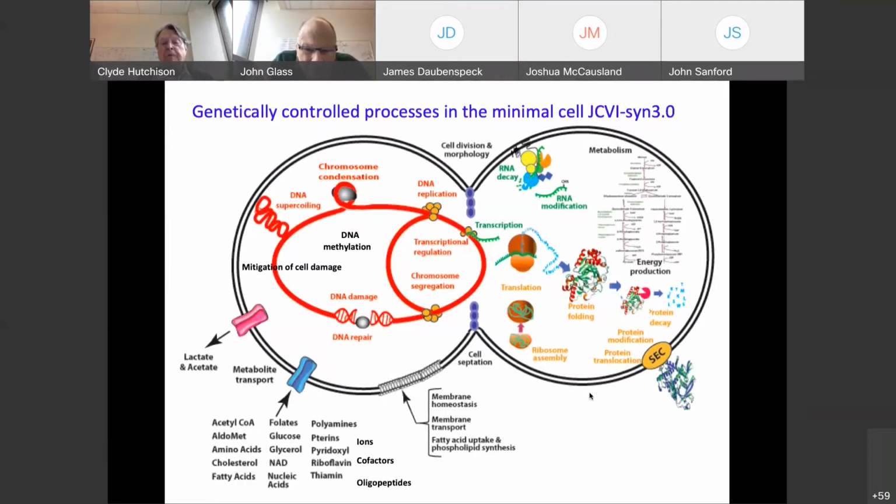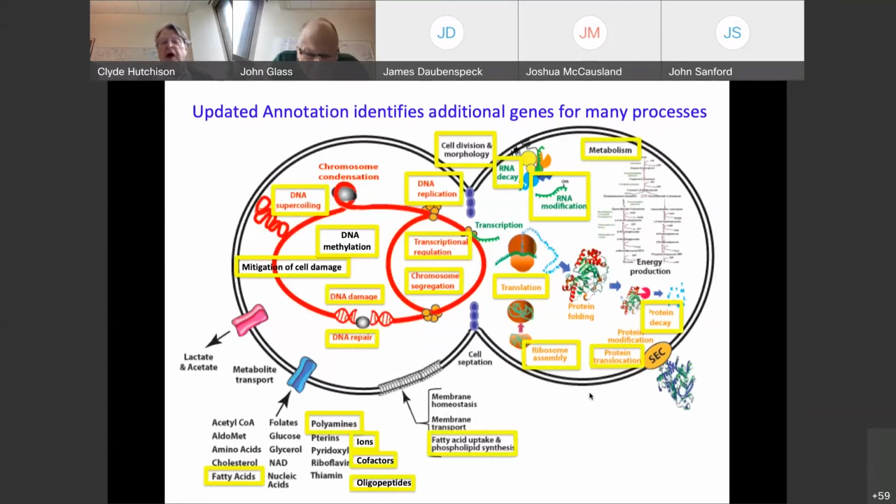And one way to look at the annotation improvements is I boxed here all the processes where the annotation improvement has added some new gene to the system. And it's a lot of the processes, as you can see. So it's getting better, but there are still enough genes of undefined function that it's hard to know whether there could be some completely novel processes going on.